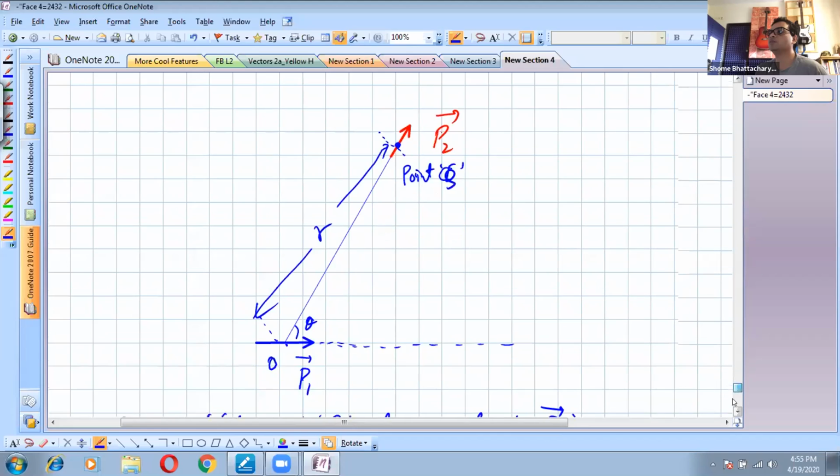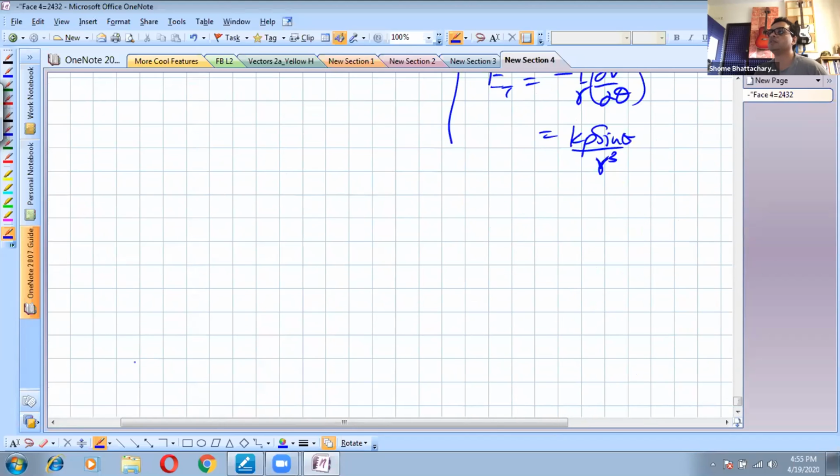So let me draw a magnified version of this dipole P2. That dipole is like this, let's say. This dipole is P2, and its center is the point Q which I've taken.